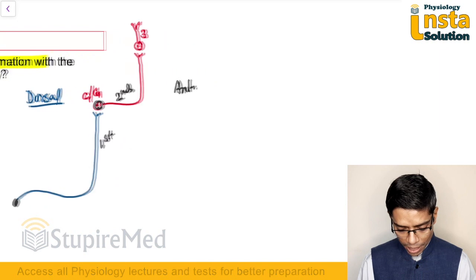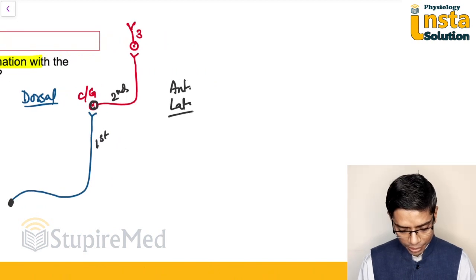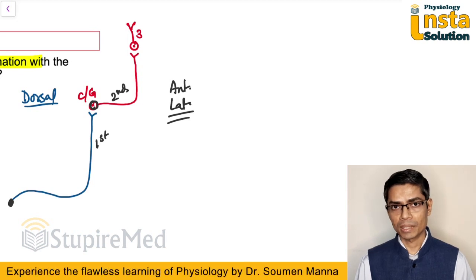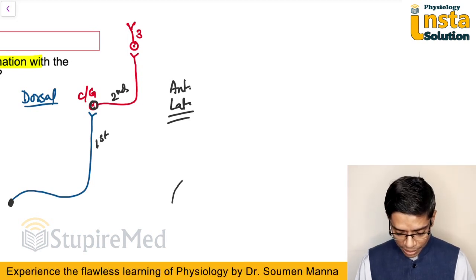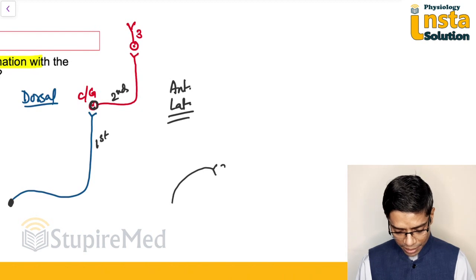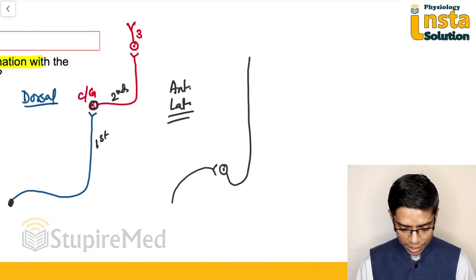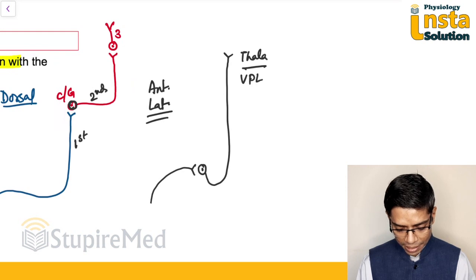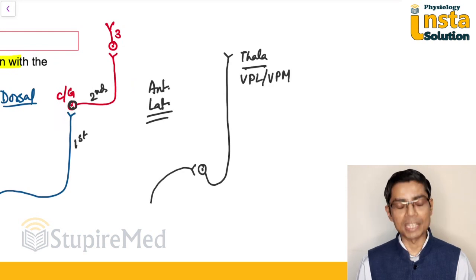the anterolateral pathway, that is the pathway which is carrying your pain, temperature, crude touch and pressure, the fibers coming from the periphery synapse at the spinal cord level, and the second order neuron reaches up to the level of the thalamus. At the thalamus, we know that it converges on the VPL and VPM nuclei.